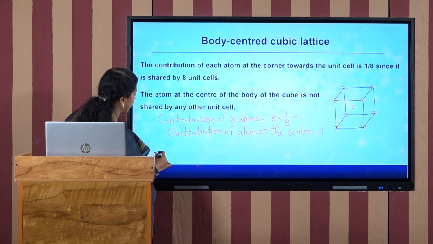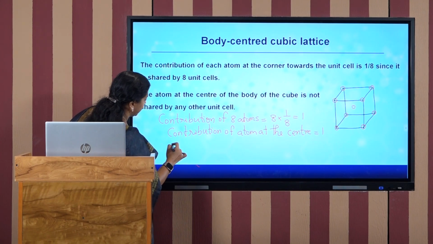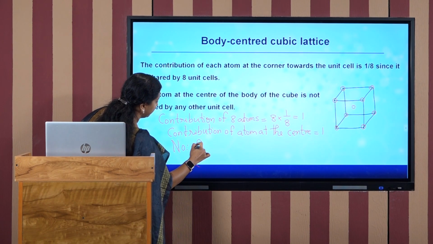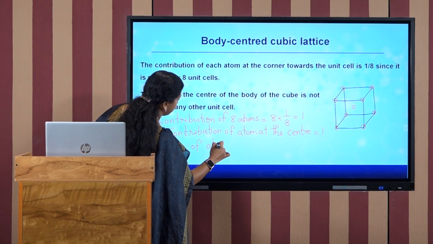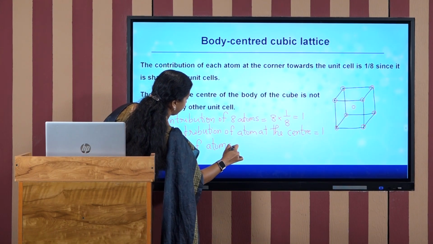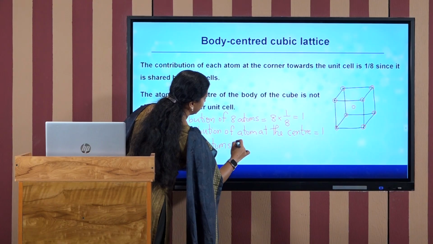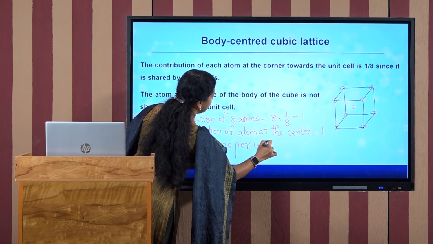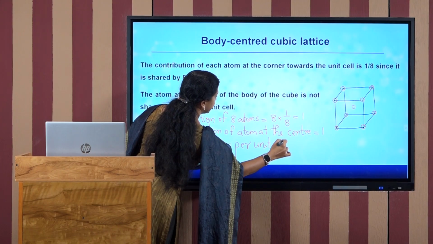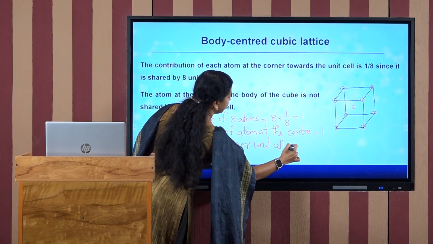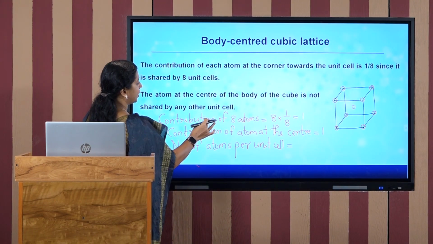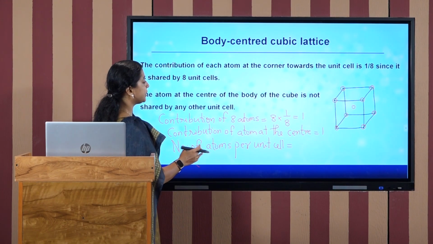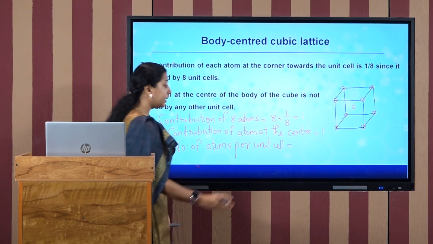So, therefore, the number of atoms per unit cell, that is in a body centered unit cell, is equal to the contribution of 8 atoms at the corners plus the contribution of the atom at the center.